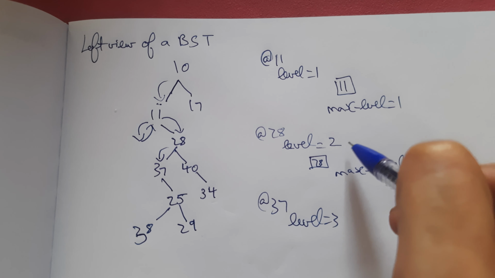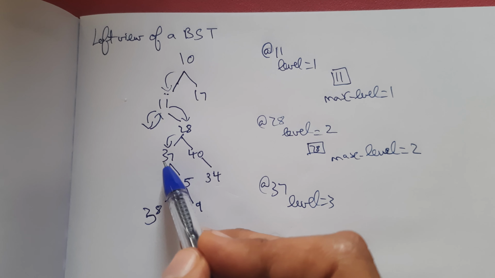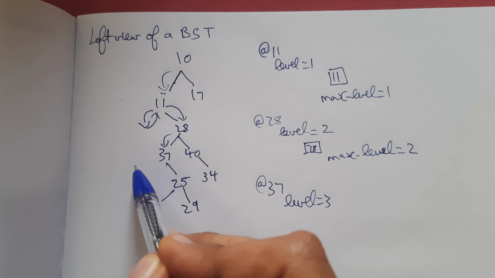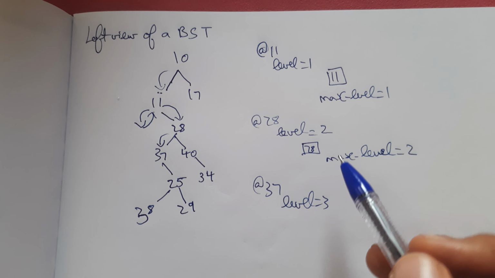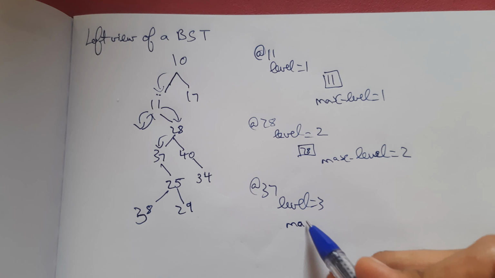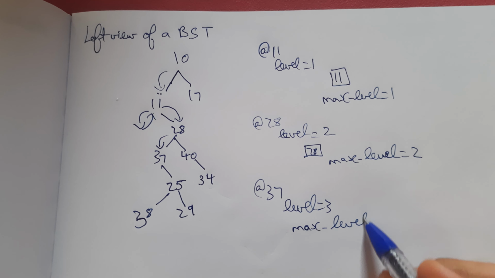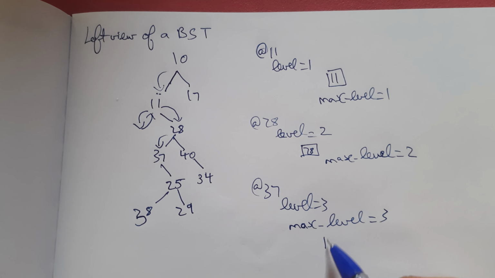So at 37, this is going to be 3. We now check if 37 is the first node at this particular level. Since that is the case, the if condition is satisfied. Max level, which is 2, is less than the current level value 3, so max level becomes 3, and 37 is printed.